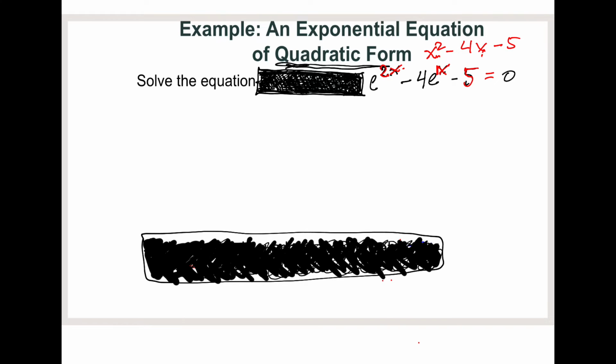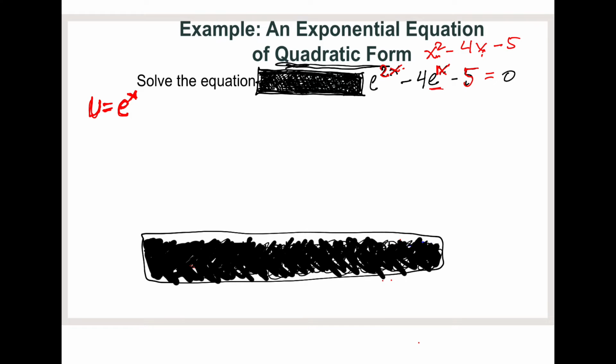So we're going to do something called a u substitution where I say, okay, let's say u, and generally with these quadratics, you want to set it equal to the middle term, not the 4. The 4 is just a coefficient there. We're just going to say u equals e to the x.